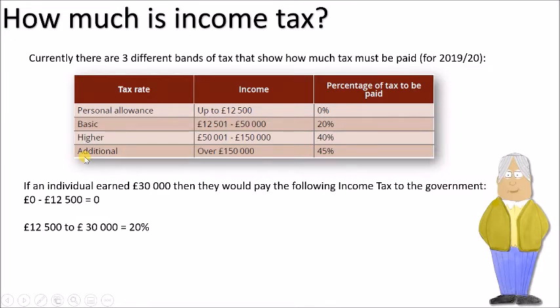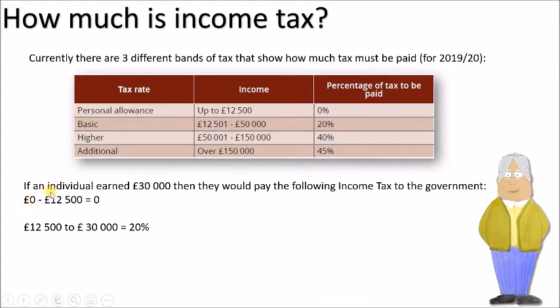That's double the basic tax rate. And the additional income tax rate is anyone earning over £150,000. They need to pay 45% of their income in income tax. That's a 5% jump.